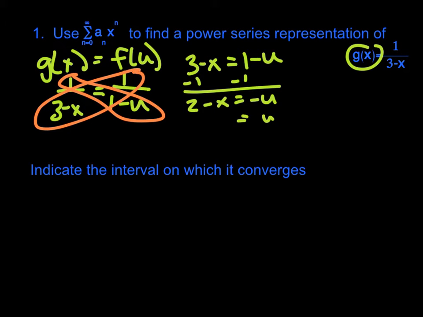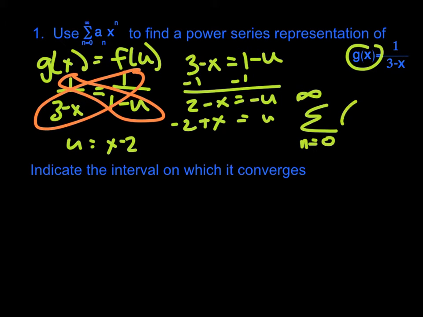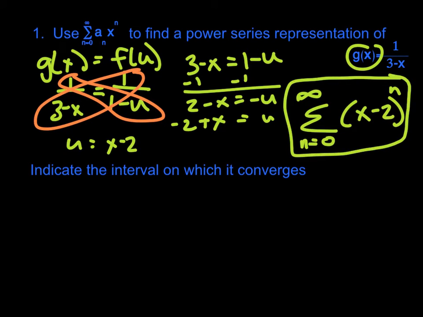So u equals negative 2 plus x, so u equals x minus 2. As a power series, you're going from n equals 0 to infinity, and the function is x minus 2 to the n. So all you're doing here is converting a rational function and representing it as a power series.